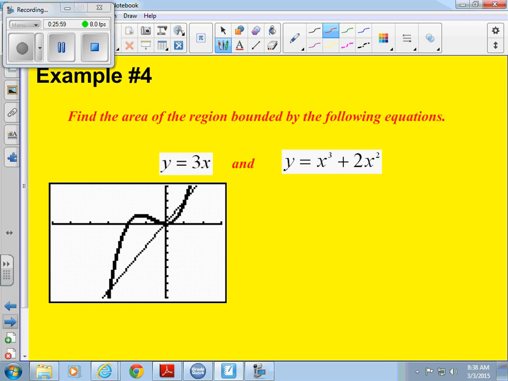What are we talking about if we talk about the area bounded by those two equations? And I do have it graphed up here, but you will want to graph this on your calculator as well. Good. We actually have two separate areas we're talking about here, don't we?